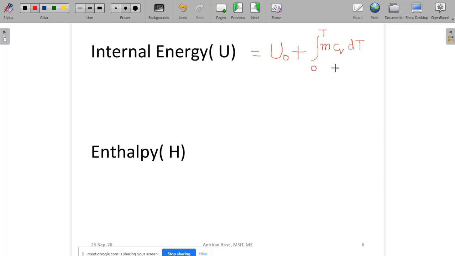This is the way by which at a particular temperature we can find the internal energy of a substance.